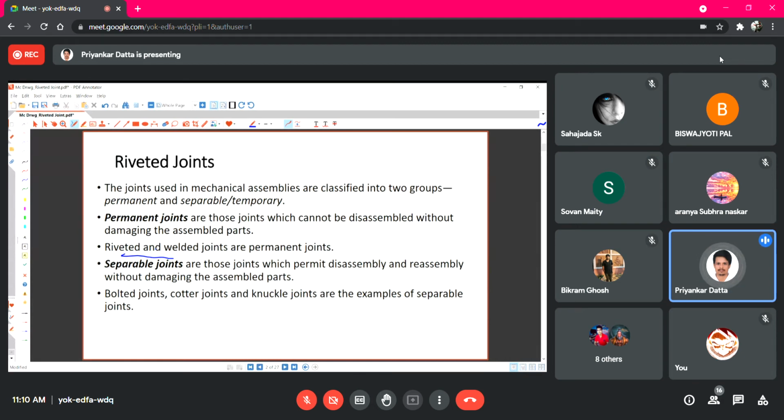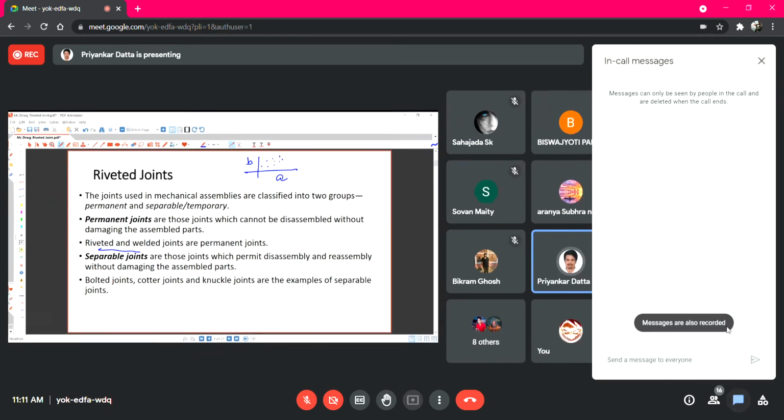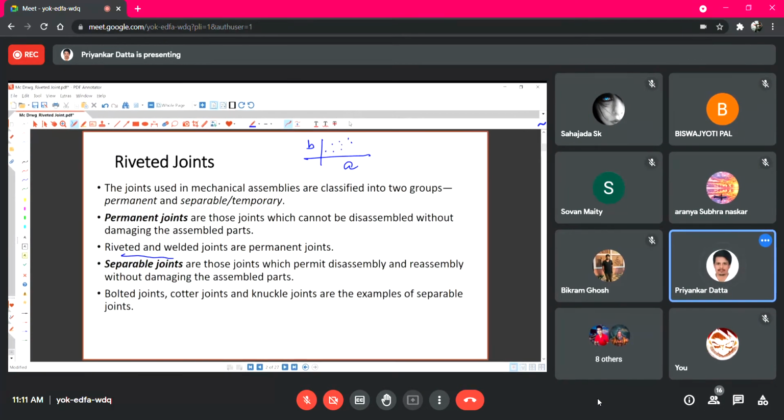Empirical relationships means they are curve fitted. So say, for example, two parameters a and b, with respect to changing parameter a, how b varies. Experimentally we have got some points based on the failure criteria of a component.